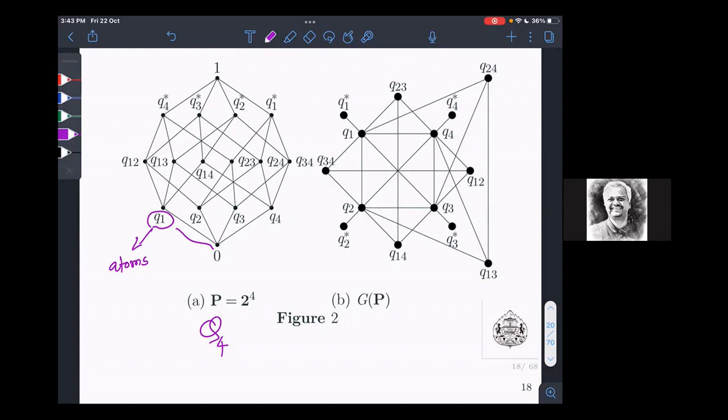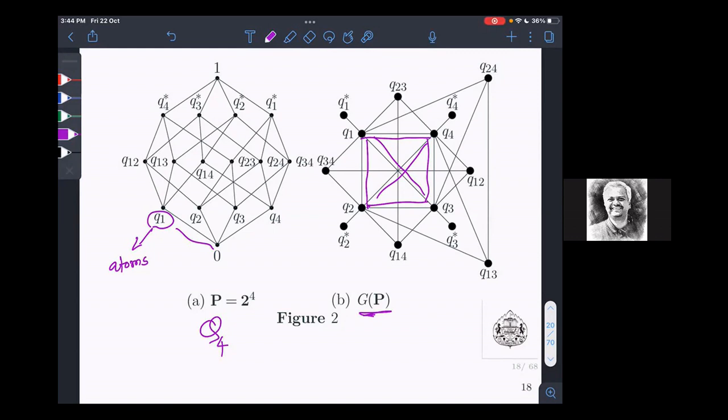Now, if I want to color this graph, you can see that you have K4 here. This is my K4: Q1, Q2, Q3, Q4. They are adjacent to each other.